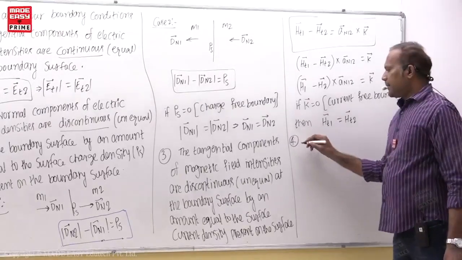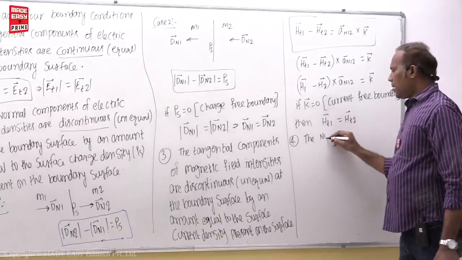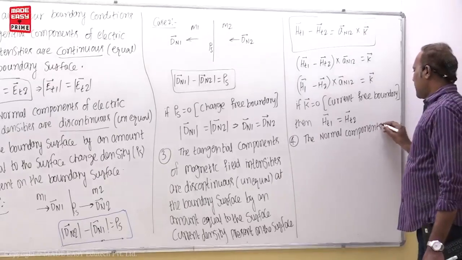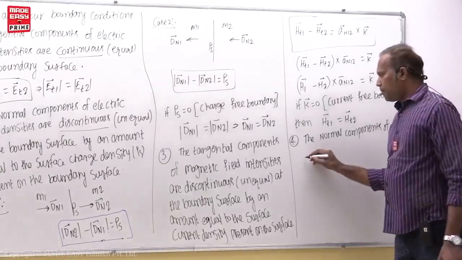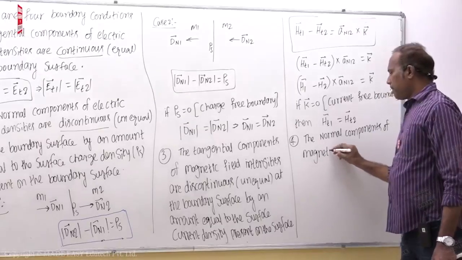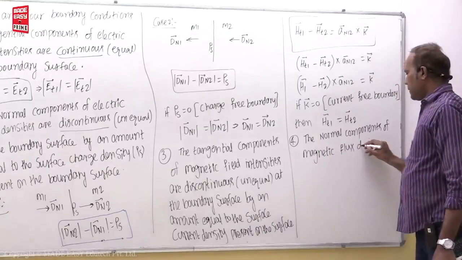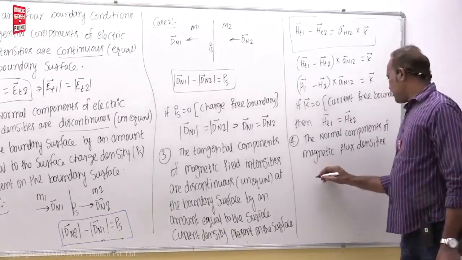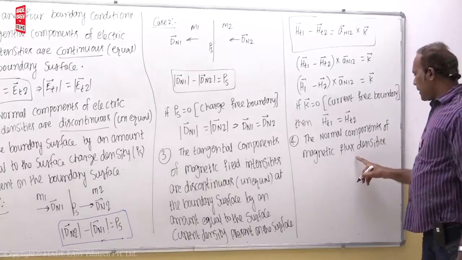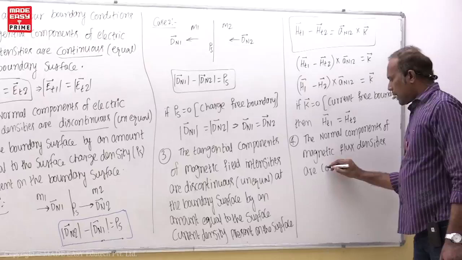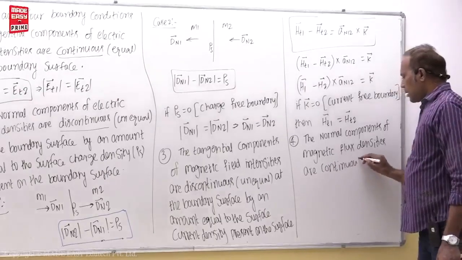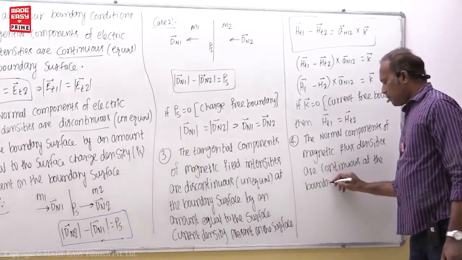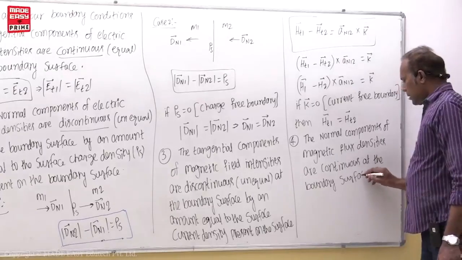Next, the last boundary condition: the normal components of magnetic flux densities, the normal components of magnetic flux densities are continuous, that means equal, continuous at the boundary surface.